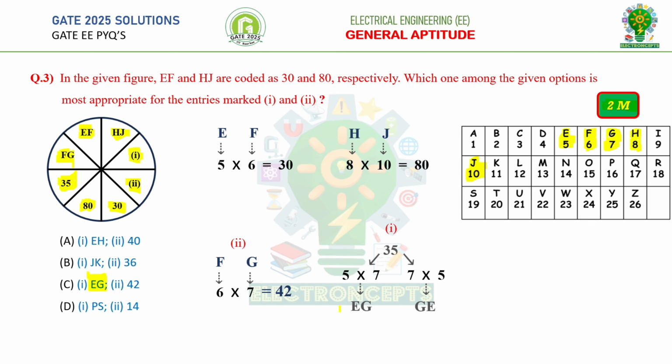Therefore, now let us consider this value as EG. Also, the code for entry marked as 2 is 42, which is option C. Therefore, option C is correct.